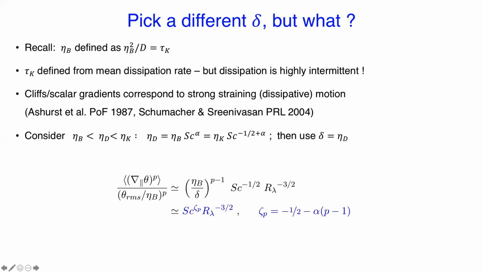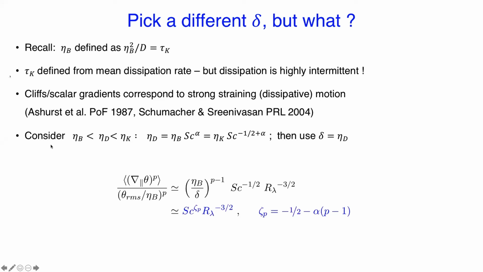And as we saw, that doesn't characterize the time scale of the strongest gradients, which is smaller than Kolmogorov. And in a way, this adds up because it has been shown many times that these cliffs are formed from the velocity field corresponding to strong dissipative motions.